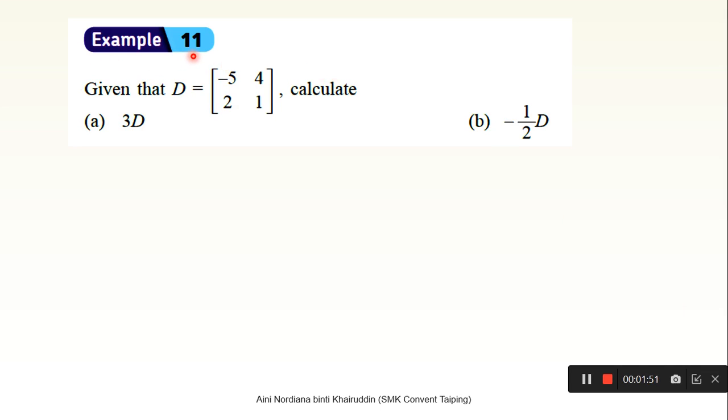So example 11, given that matrix D is this, calculate 3D and also negative 1 over 2 D. So every element in this matrix, just multiply with 3.